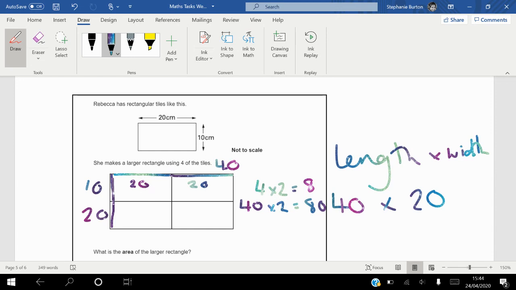And then I can use 40 times 2 to solve 40 times 20. Yet again, my answer will be 10 times as big because I've multiplied 2 by 10. So my answer will need to be 10 times as big, which is going to get me to 800. So the area of the whole large rectangle is going to be 800 centimetres squared.